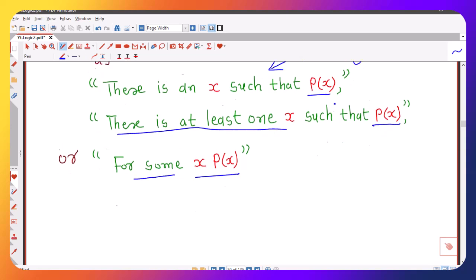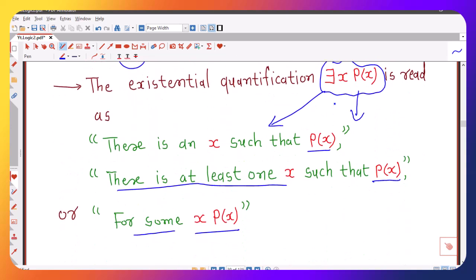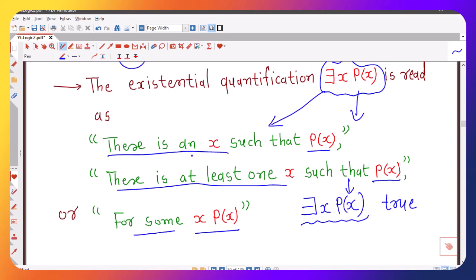So whenever we have this type of statements, we can write them in symbolic form using existential quantification, and similarly we can check the truth value of this existential quantification also. This existential quantification is true if the statement function px is true for at least one value of x.